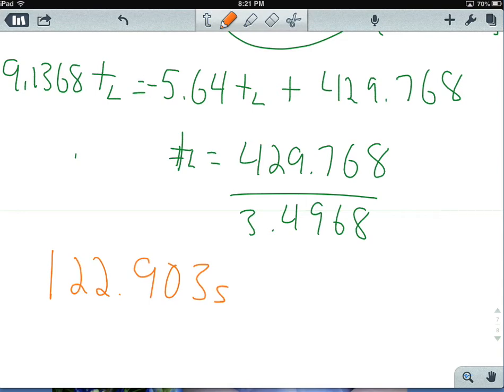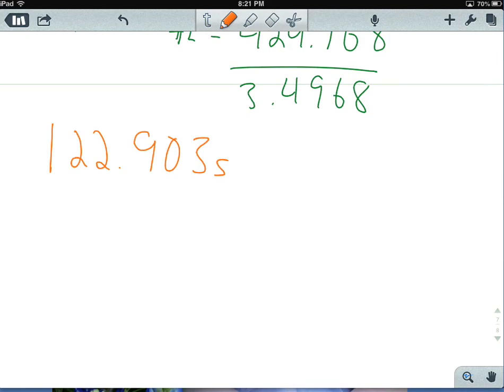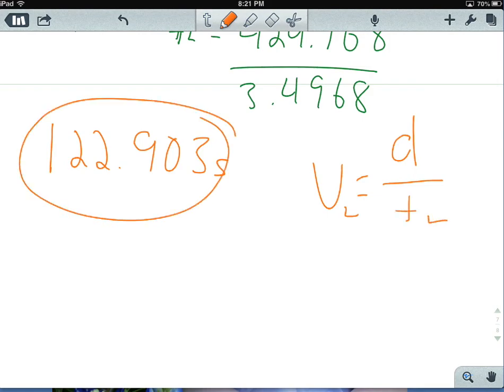Now I have the seconds of the longitudinal wave, and I know my original equation: velocity of the longitudinal wave equals the distance all over the time of the longitudinal. Now that I have that, I plug it into my equation and solve for distance.